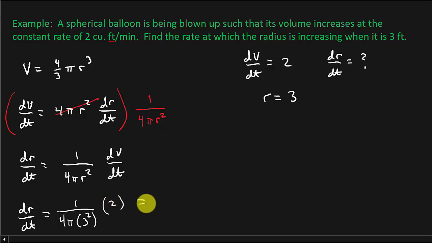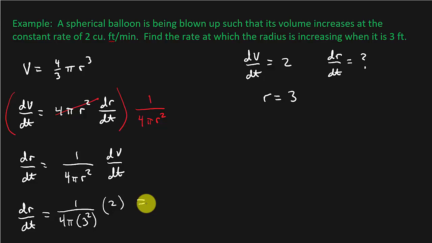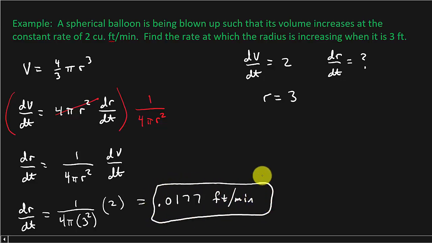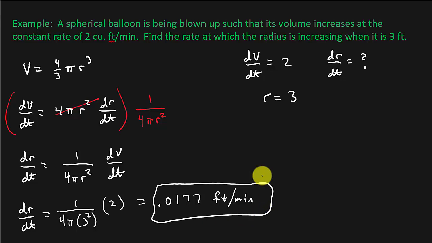And that gives us 0.0177, and we're in feet and minutes, so that's feet per minute. That's how fast the radius is increasing, 0.0177 feet per minute.